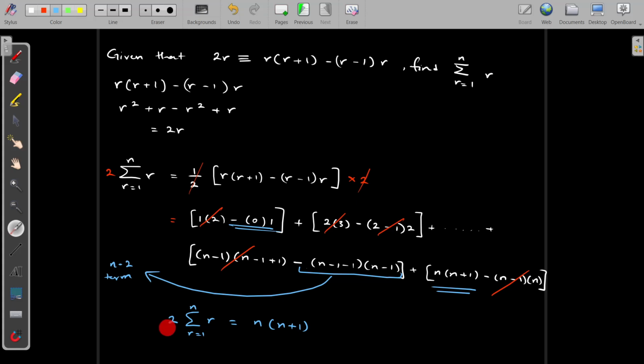So how do we get rid of this 2 here? How do we get rid of this 2 that is on the outside?